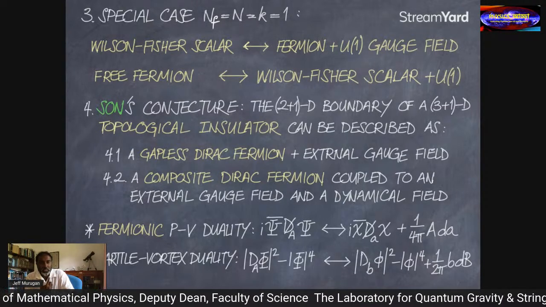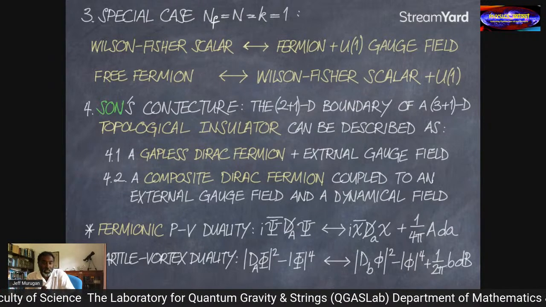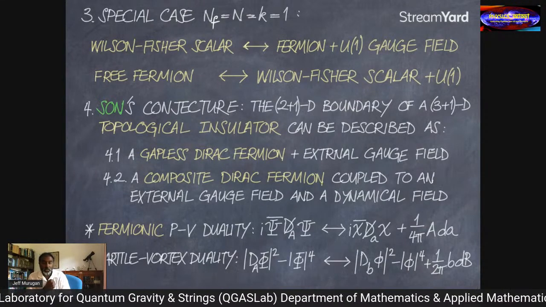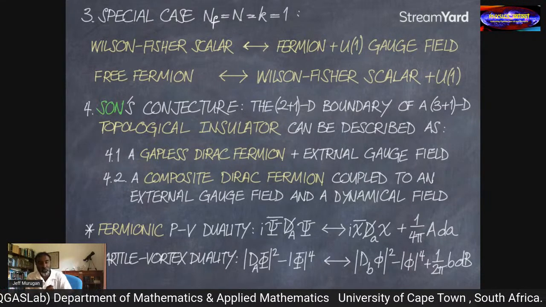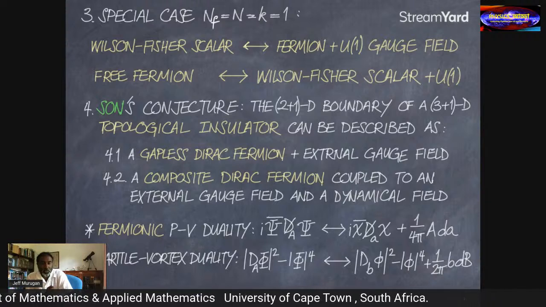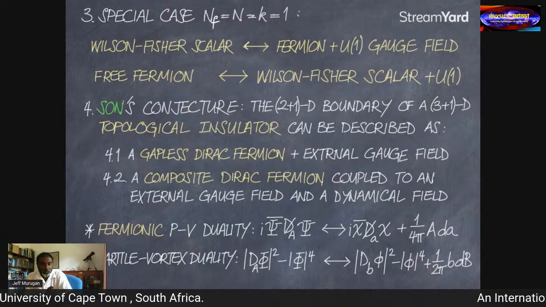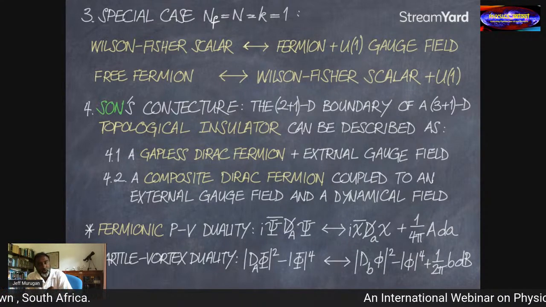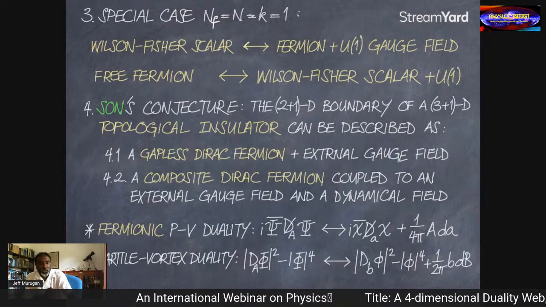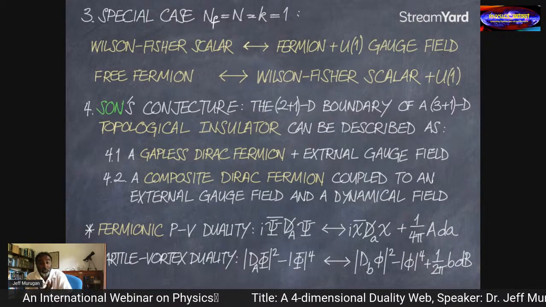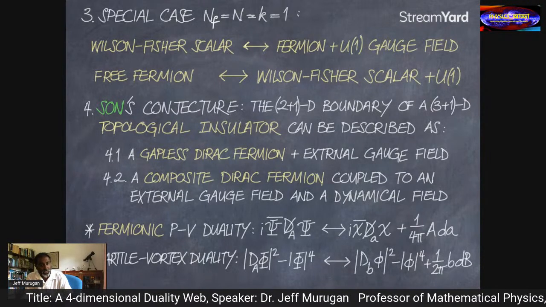The second last line is the fermionic version of that statement, that I have a free fermion coupled to an external magnetic field. So this is i psi bar d slash A, meaning a gauge covariant derivative acting on psi, is dual to another fermion, chi, but this fermion chi is coupled to a dynamical gauge field as well as an external gauge field, capital A and little a.